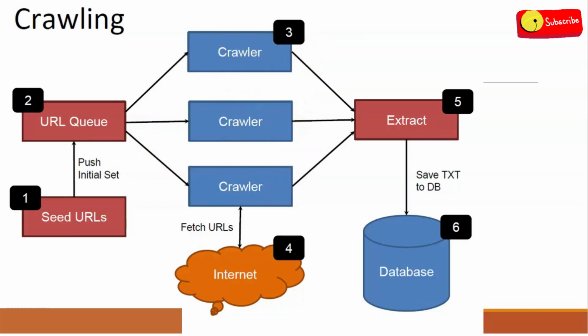Googlebot gets all this data from the internet and extracts information by crawling your website. After extracting data, Googlebot saves these files in the database. And when any person enters a keyword or a phrase in a Google search query, that database is displayed on the Google search engine result page. This is how crawling works.